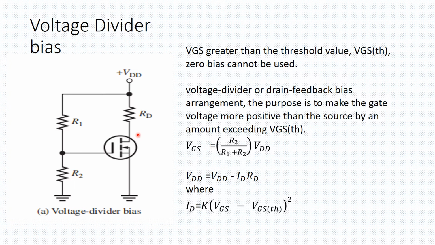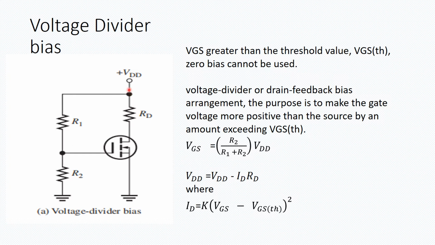You can calculate VGS by taking the approximate rule, the voltage divider rule. So VGS at this terminal is VDD into R2 upon R1 plus R2.